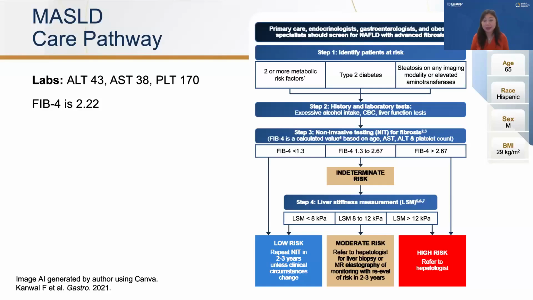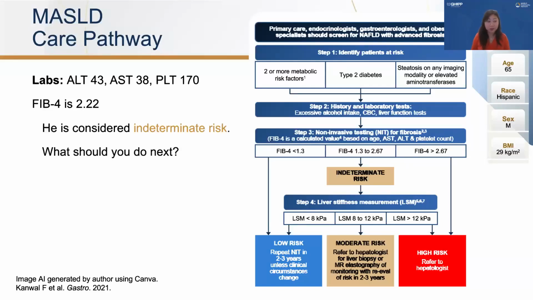If your FibroScan is less than 8 kilopascal, this is considered low risk. If it is greater than 12 kilopascal, this is your high-risk patient, so you should refer your patient to your local GI or hepatologist office. If your score is between 8 to 12, this is considered medium risk, and it's also recommended that you refer this patient to your local GI or hepatologist office as well.